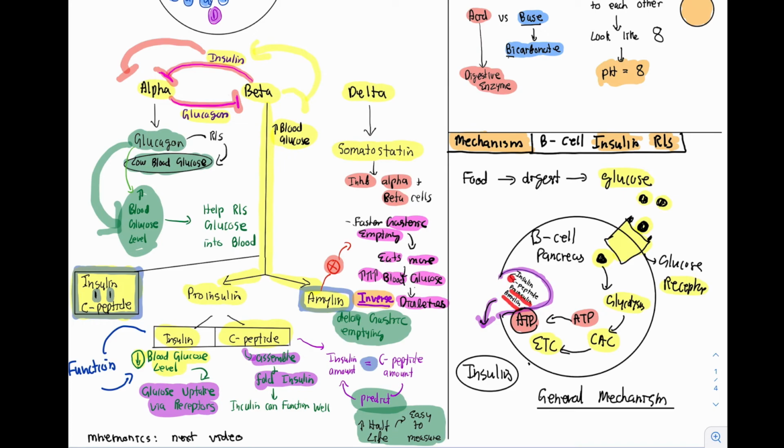Now these are released outside, and this is the general mechanism of how the beta cell releases insulin. It simply causes more ATP to be formed when the glucose enters the cell, and that causes the release of the vesicles.